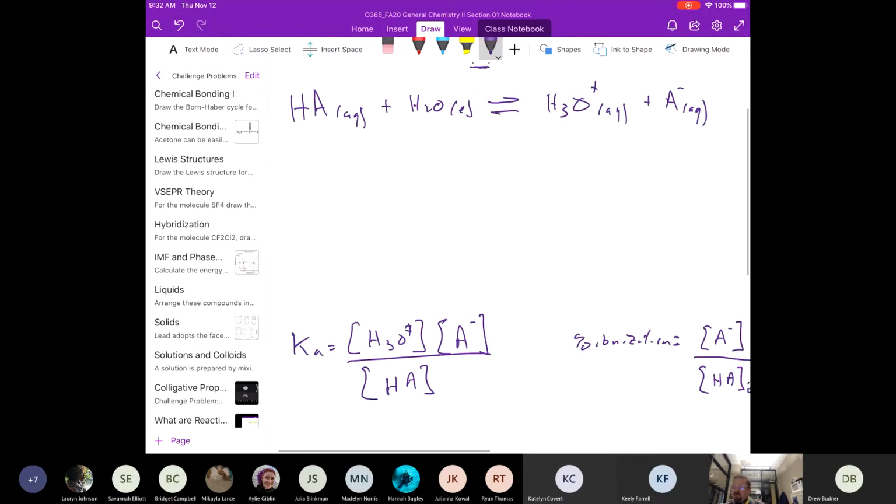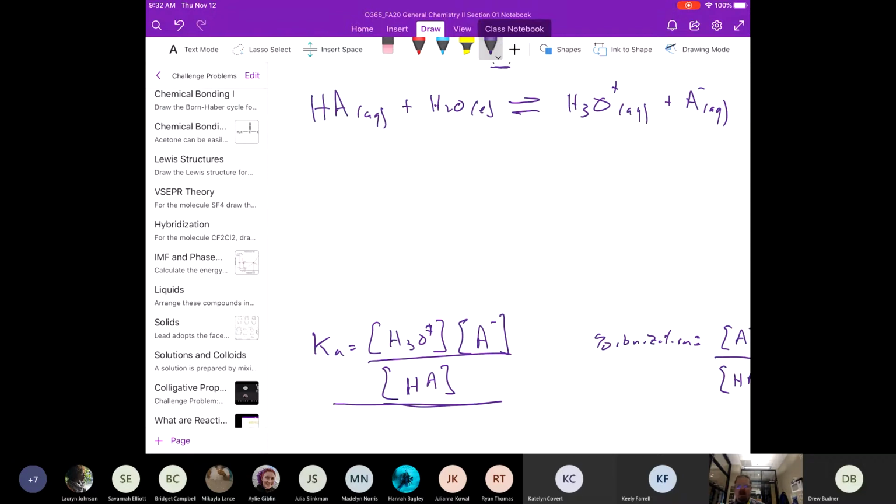This here is in terms of the equilibrium. From this problem, we don't have the equilibrium, we have some initial concentration. So if we have an initial concentration in our equilibrium and we want to know information at equilibrium, we get to solve an ice table. Our initial concentration is the 0.148, and we're going to ignore the water. What's the initial concentration of the H3O plus and the A minus?